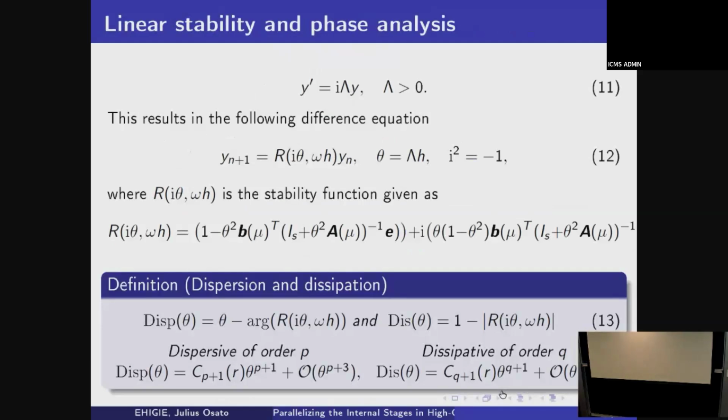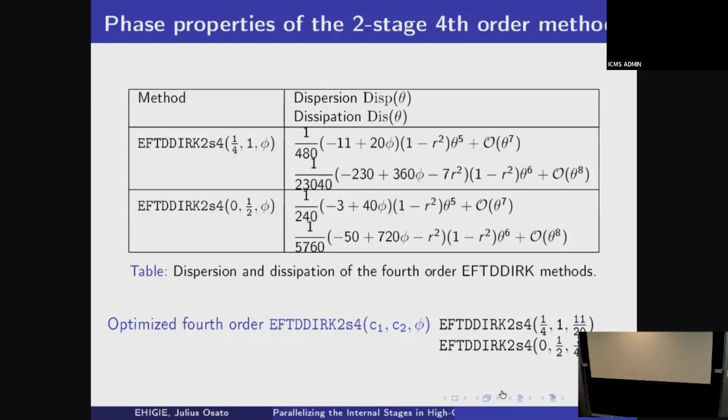We had to do the linear stability analysis and the phase analysis to help us choose some methods, because we wanted to show how we could optimize this method with the dispersion and the dissipation error. And we found out that if we make phi to be 11/20, you can actually cancel the dispersion error for that 7.